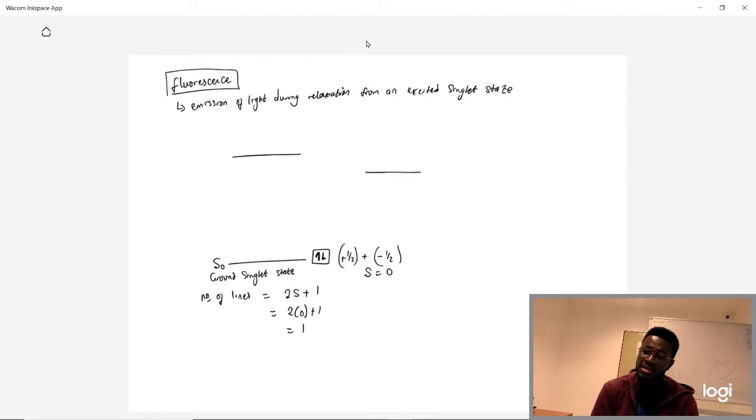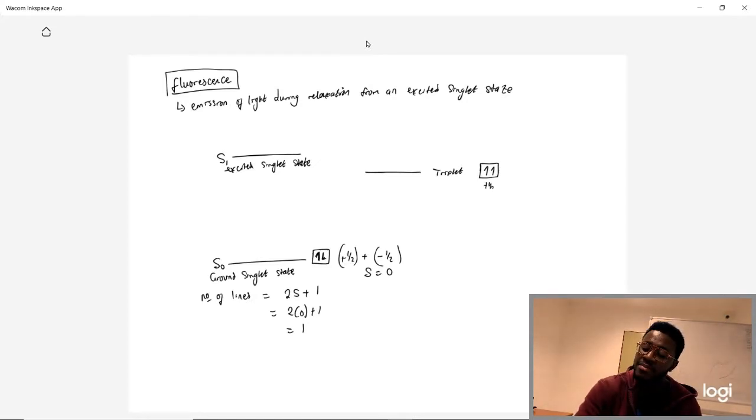This is also a singlet state, S1, but it's an excited singlet state. This is a triplet state. Triplet state means it's going to have 3 lines in the line spectra. What is the total spin here?